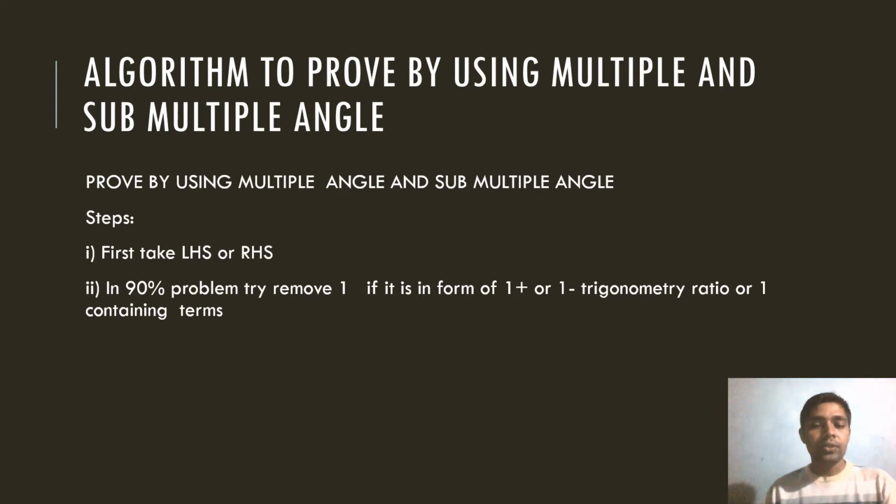When you get 1 plus or minus a trigonometrical ratio, then we'll try to remove 1. This is our second step, and 90% of problems we'll solve using this same method.